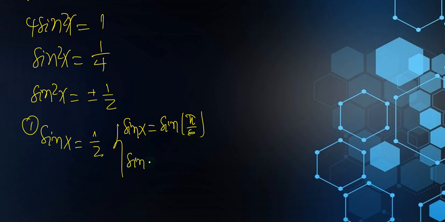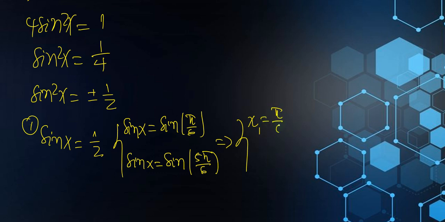And the second one is sine x equals sine of 5 pi over 6. Okay, so this means that from here we have that x1 is equal to pi over 6 plus 2n pi, and our x2 is equal to 5 pi over 6 plus 2n pi. Okay, so these are the first two solutions.